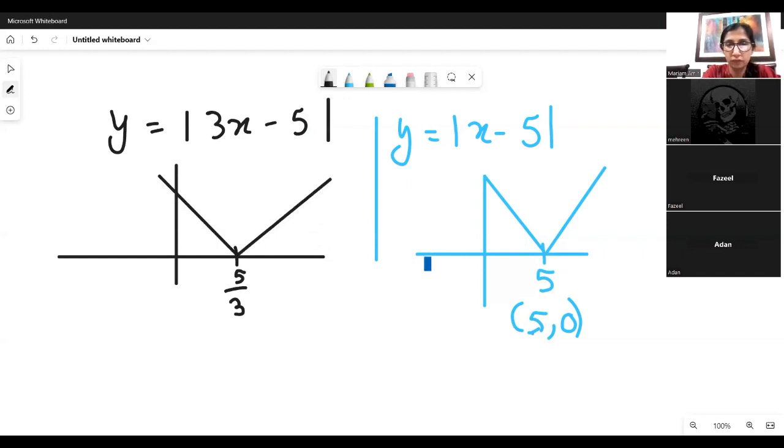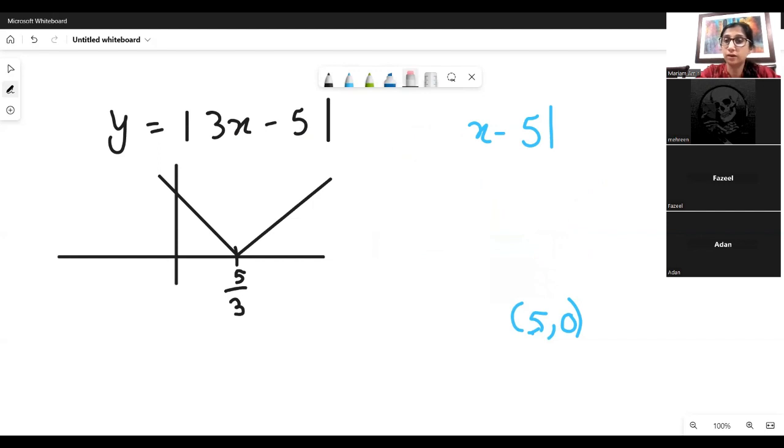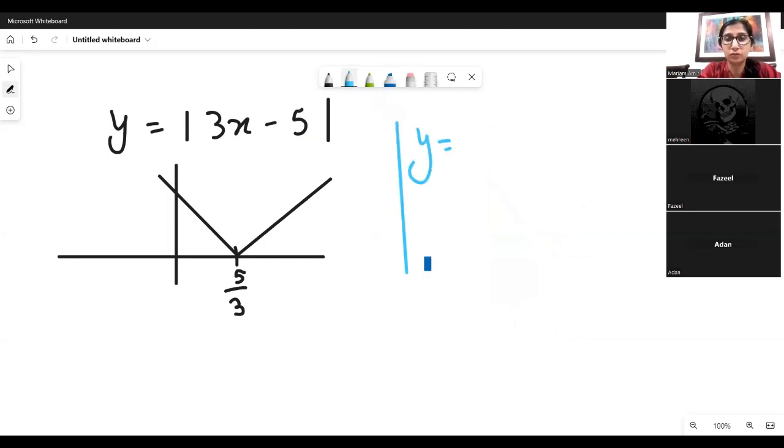When you're drawing a graph, you must show all the intercepts. We've shown the x-intercepts. How do we show the y-intercept? Where the graph cuts the y-axis, x is 0. So substitute x equals 0 here. Y equals modulus 3 times 0 minus 5.